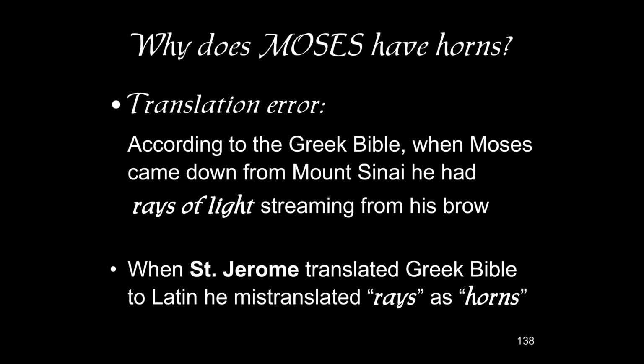And that became the Bible for the Christian church in Western Europe. And it became the Bible for the Catholic Church, right up to the present day. Although today, of course, there are translations into the various languages of the vernacular. English Bibles, French Bibles, German Bibles, all those things.